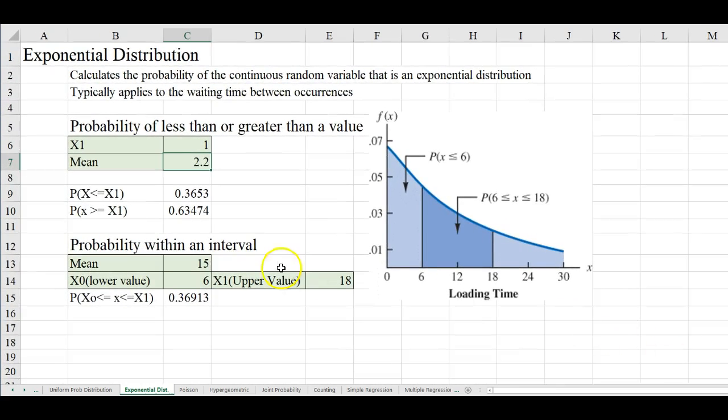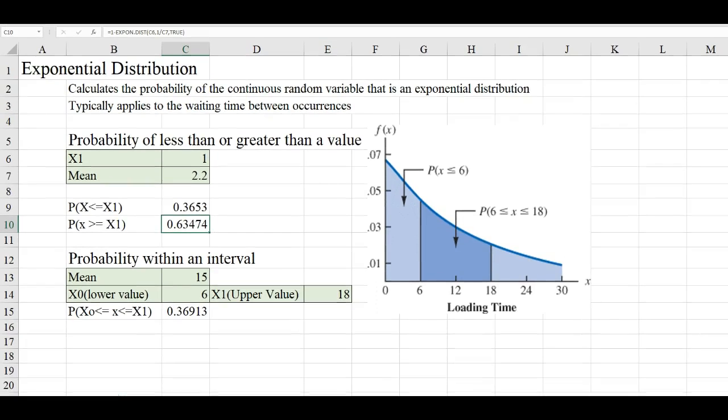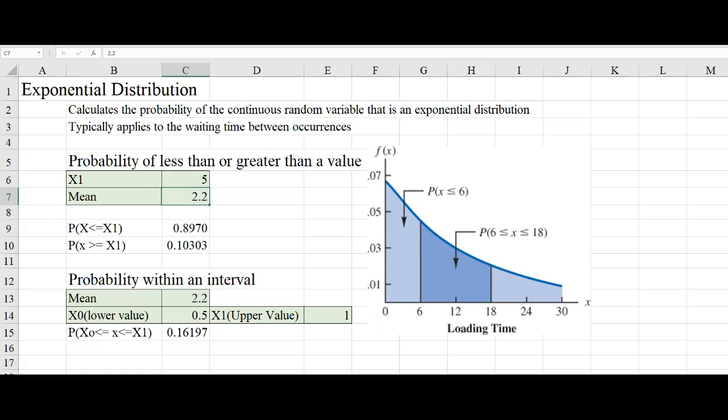I'll actually enlarge this a little bit more. I also have it calculating the probability that x is greater than or equal to some value. You can see the function here that I use for that.